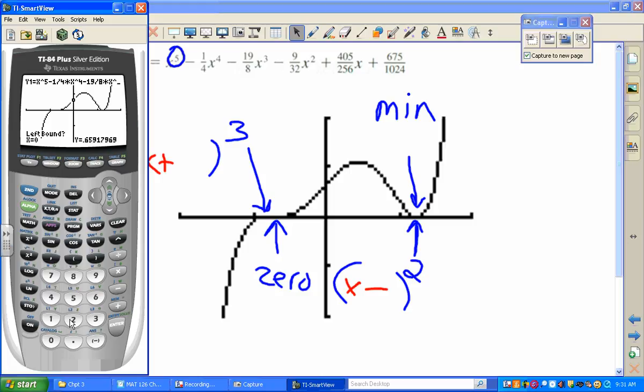Well, on my calculator, I bet it does. Let's see, left bound, -2. Right bound, 0. Yes, -1. Left bound -2, right bound 0, guess -1.